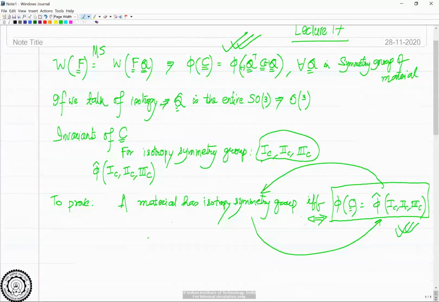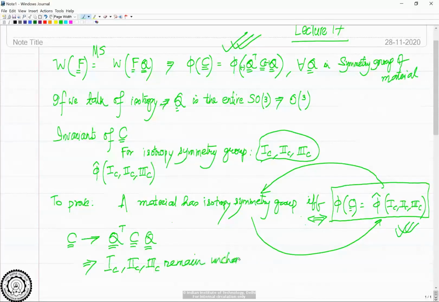For example, can you show that indeed if C goes to Q transpose CQ, I think this we did already, then I C, II C, III C remain unchanged.